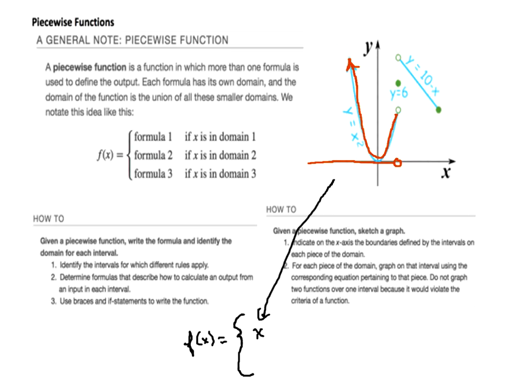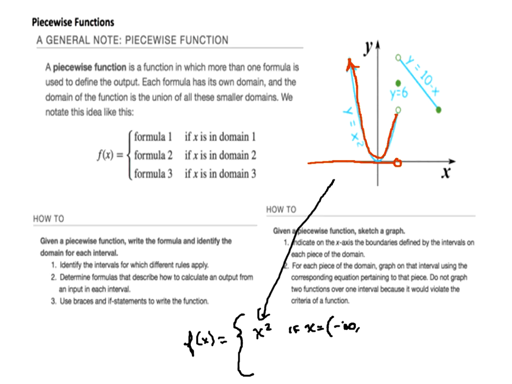My first piece would be x squared, and this is if my domain, so if x lives in the interval from negative infinity up to, but, oh, I'm sorry, that should not have been a bracket. That should be a parenthesis because it's infinity.